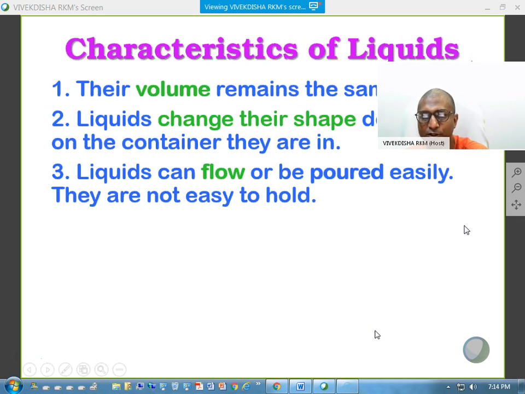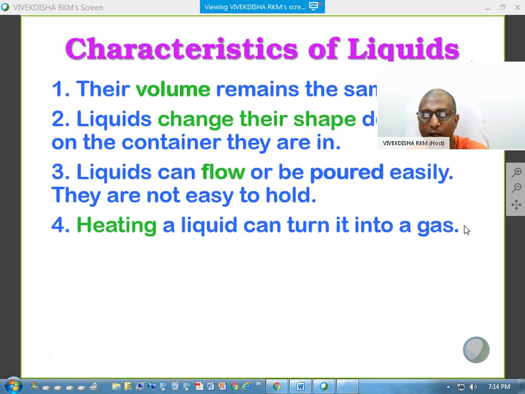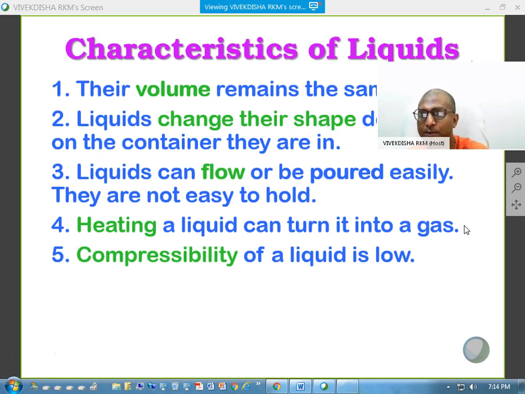And also we checked other properties. The first property we checked is that liquids change their shape according to the container. Then heating a liquid can turn it into a gas. We know that. And the last, compressibility of a liquid is low. We checked this characteristic also. It is very hard to compress liquid.